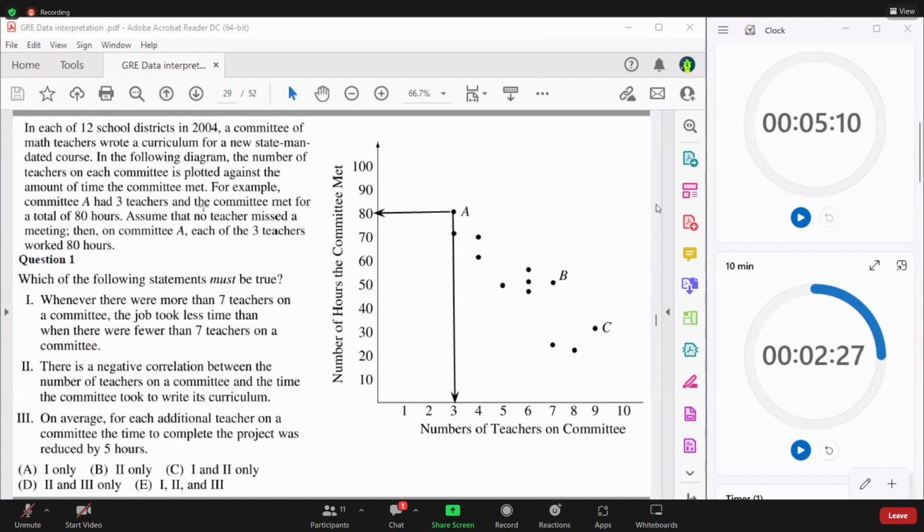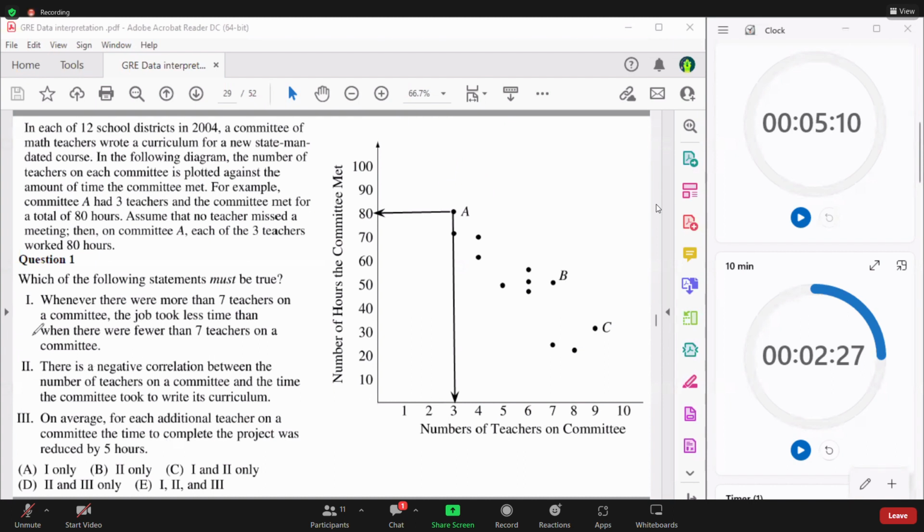Assume that no teacher missed a meeting. Then on committee A, each of 3 teachers worked 80 hours. That means none of the teachers missed any hours. So 3 teachers, 80, 80, and 80. That means this committee worked 240 hours in total.